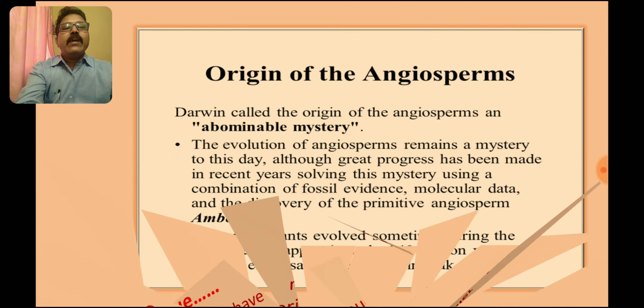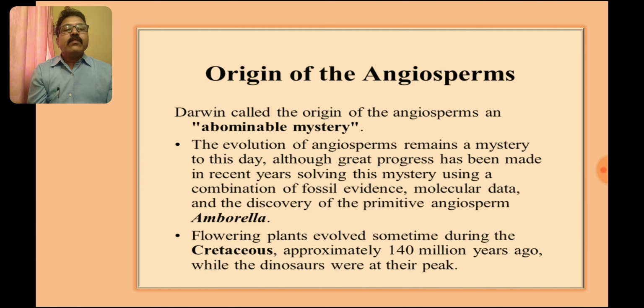Now let us focus on the origin of the angiosperm. As we know from the Darwinian theory, Darwin called the origin of angiosperms an abominable mystery. The evolution of the angiosperms remains a mystery to this day, although great progress has been made in recent years, solving this mystery using a combination of fossil evidence, molecular data, and the discovery of the primitive angiosperm Amborella.